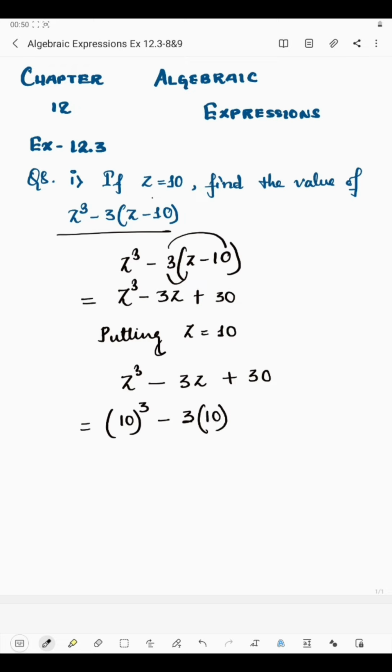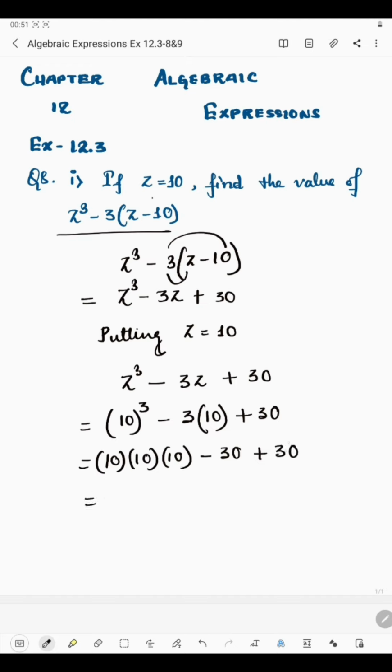We have to put 10 within the bracket, as we know that we put the value of the variable within the bracket. Okay, then plus 30. Now 10 cube means 10 into 10 into 10. We'll write it 3 times. Okay, now minus 3 into 10, plus 30.